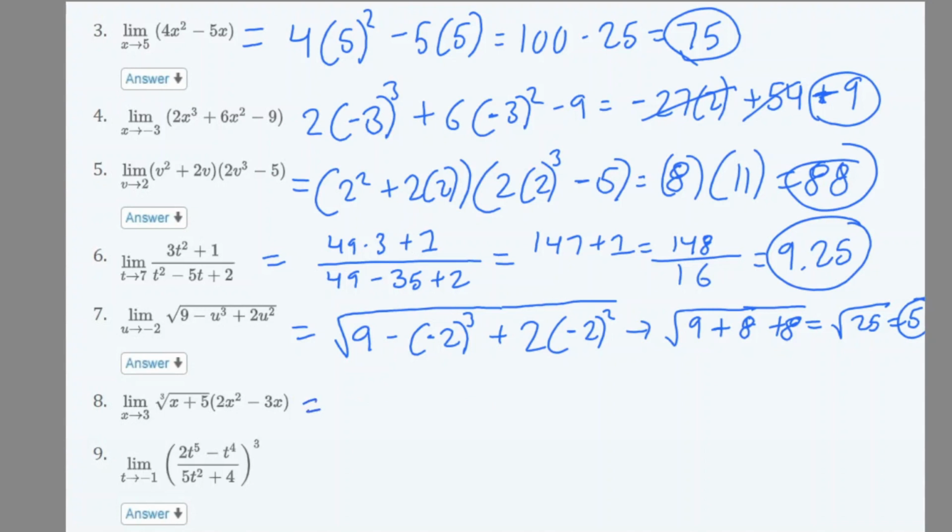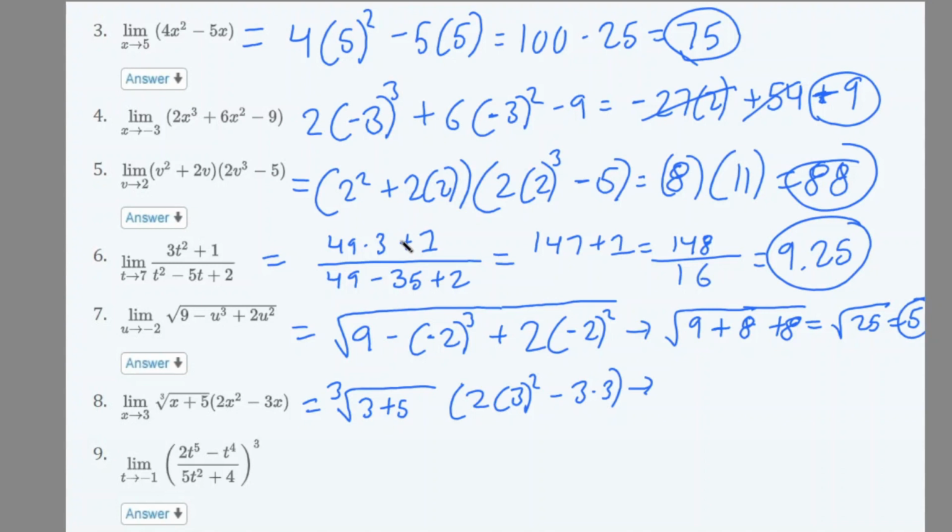And now number 8, limit as x goes to 3. Same deal here, we can just plug it in. 3 plus 5, and then parentheses 2, 3 squared minus 3 times 3. So here let's simplify. 3 plus 5 is 8.